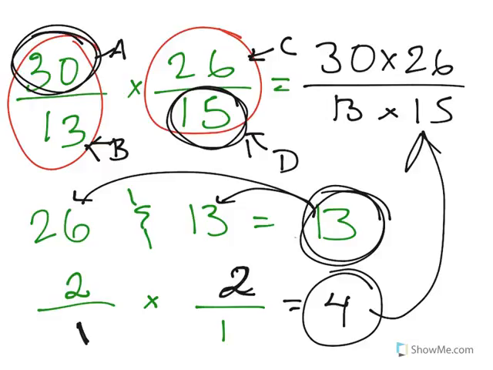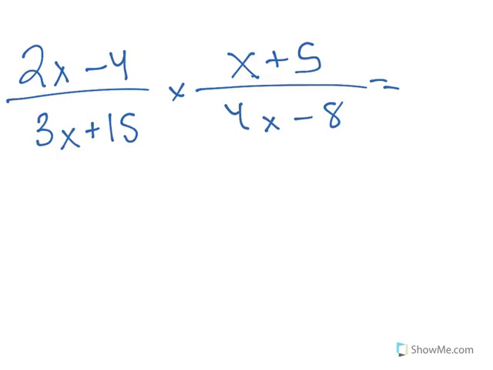So now we'll do something very similar, but with slightly bigger expressions in the numerators and denominators. In this case, instead of multiplying everything like we did the first time, you could find the common factors of 2x minus 4 and 4x minus 8.